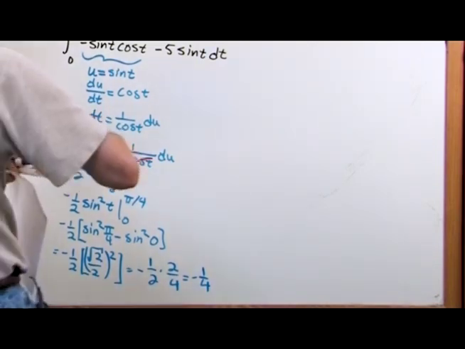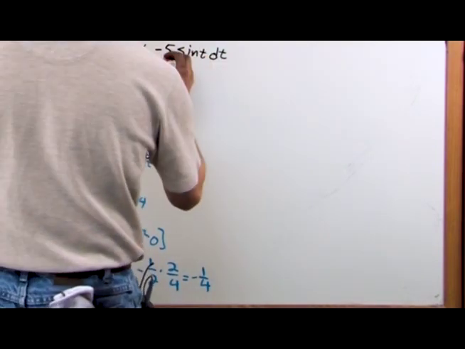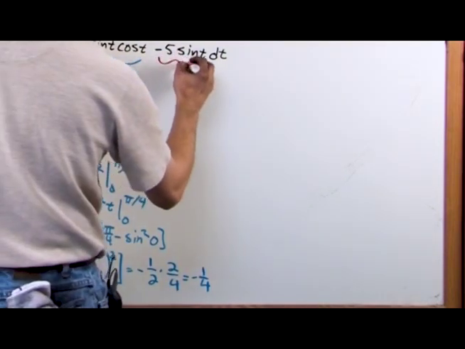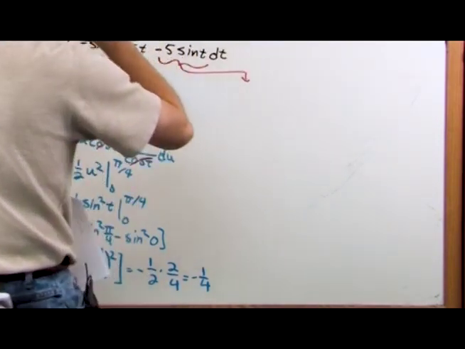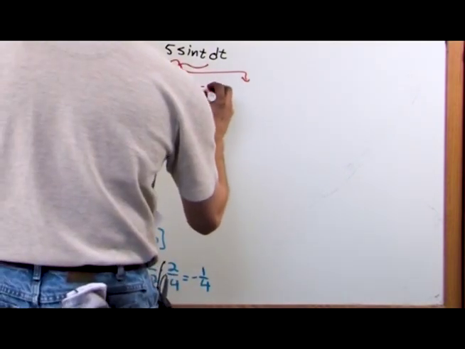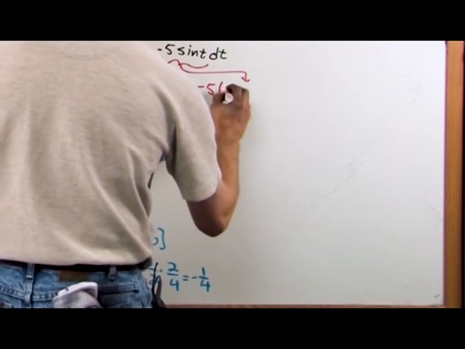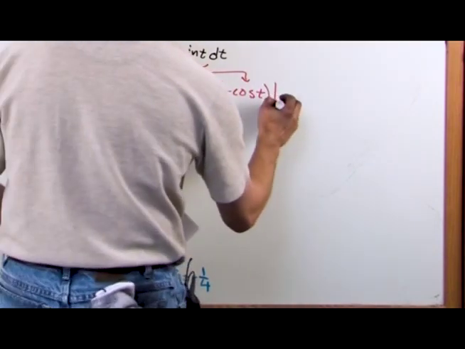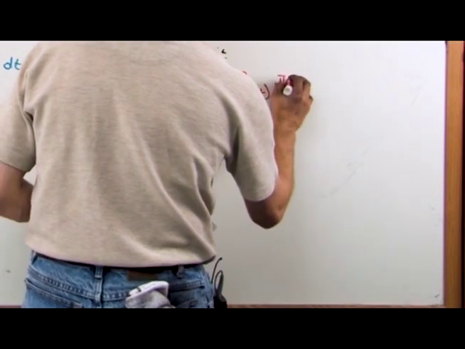And then this integral over here, let's do it in a different color. So yeah, this was all dealing with this integral. Now let's work on this integral right here. The integral of sine, what I'm going to have is negative 5. Integral of sine is negative cosine of t from the same limits of integration, 0 to pi over 4. Okay?